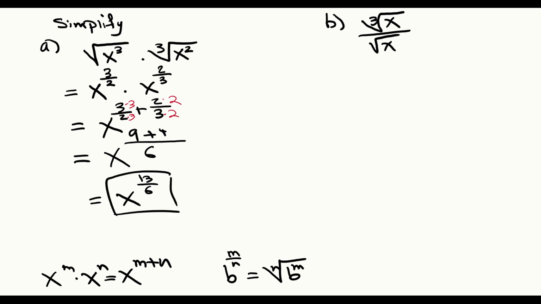If they want it in radical form, you go ahead and write it as the 6th root of x to the 13. In the next section, we'll find out that whenever this number is higher than that number, you're going to be able to reduce that. But for this section, we can stop here.